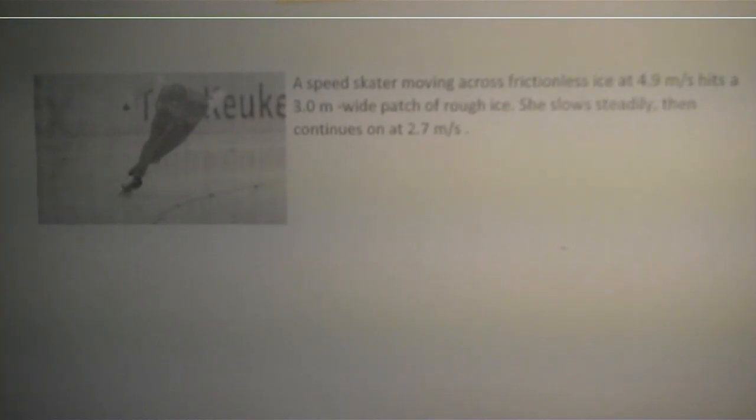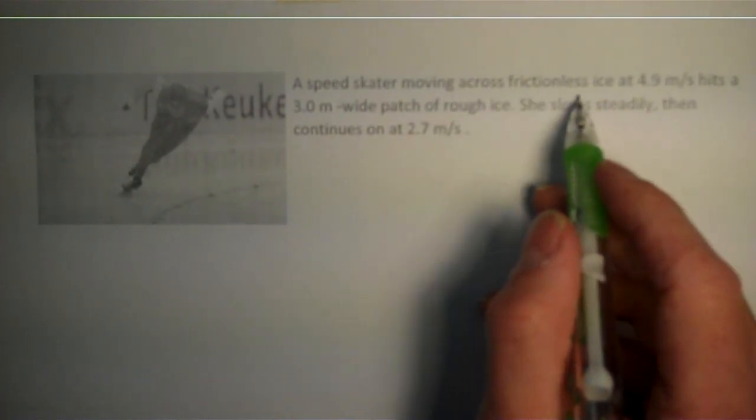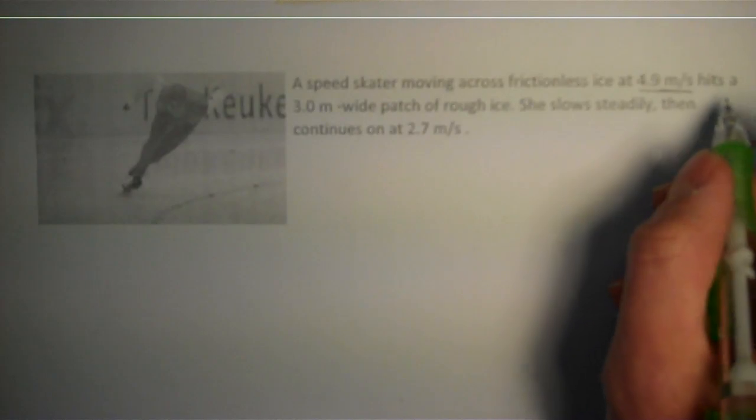Okay, here is a basic uniformly accelerated motion problem that involves a speed skater moving across some ice. If we read carefully, it says there's a speed skater moving across frictionless ice at 4.9 meters per second.